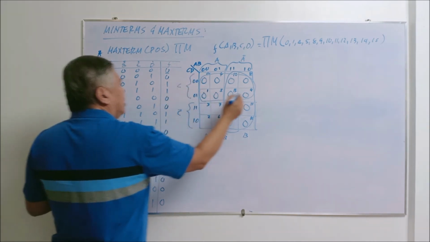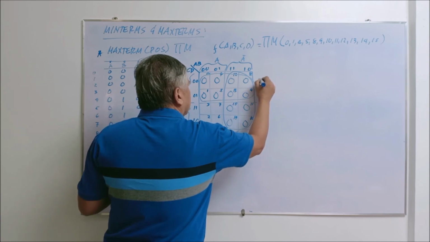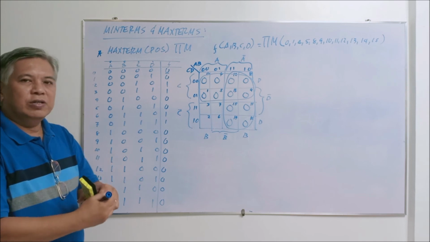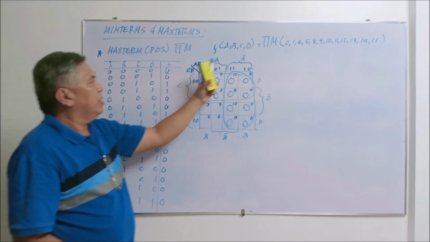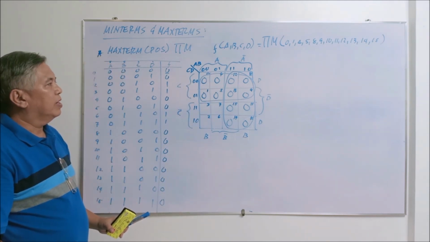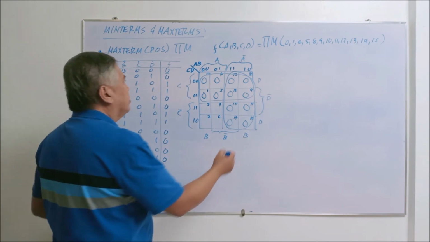Here is C. And then this is your D bar, D, and D. So it is reversed compared to the Minterm, which is your SOP. This time, we have the Maxterm. So the location of your variables is reversed.